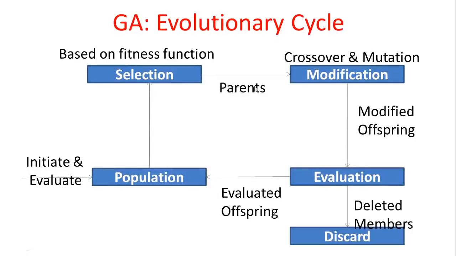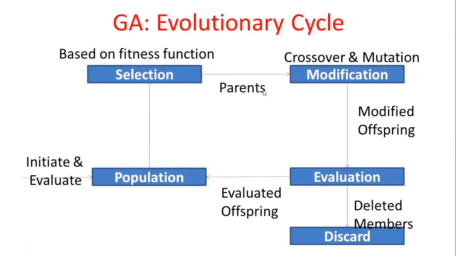These two solutions will act as parents. Then they will undergo the next very important stage, called crossover and mutation, which will produce new children. Those new children we can call offspring. So the two solutions selected from the population we call parents.